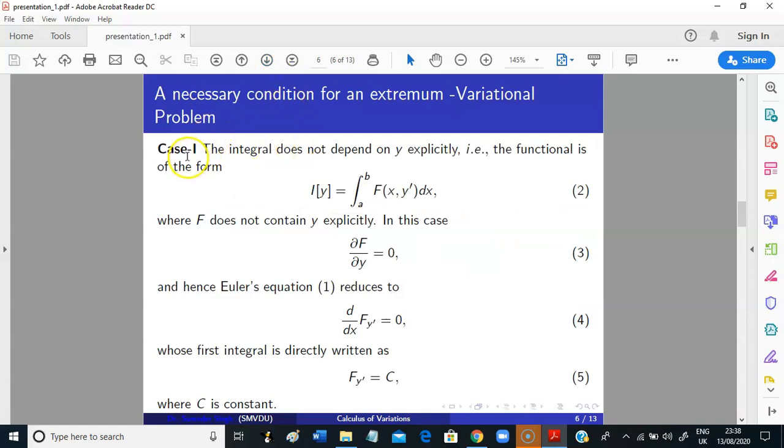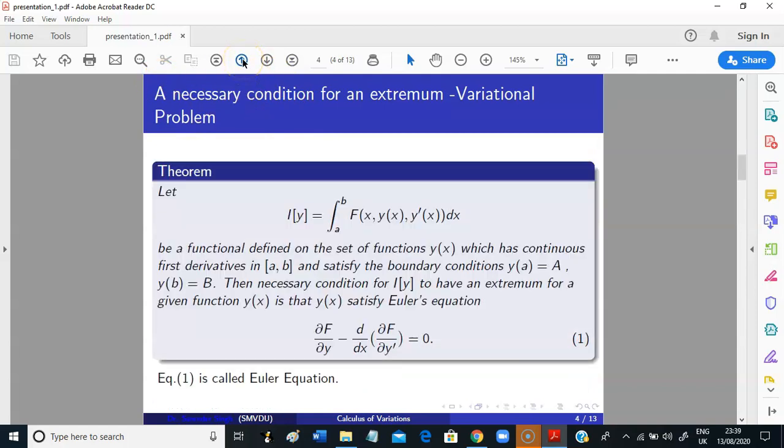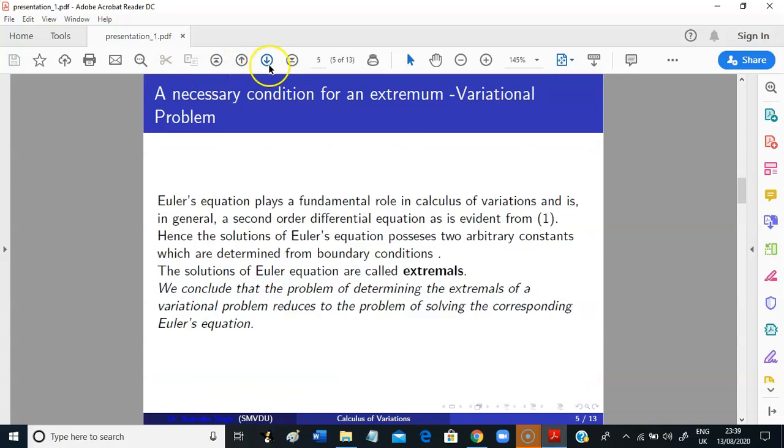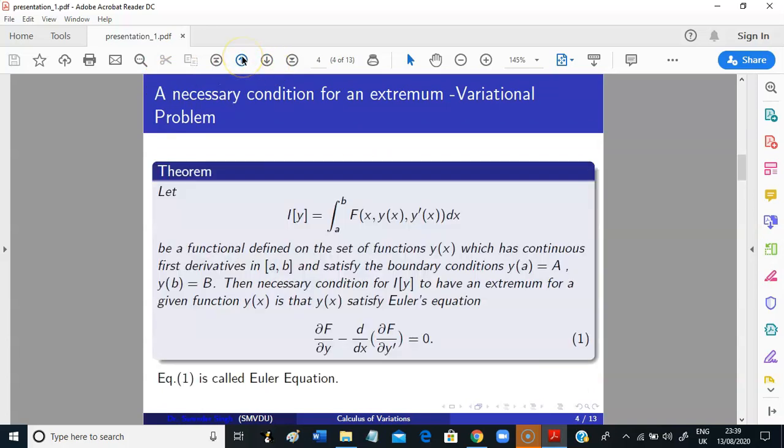You see, that was the Euler equation, and in the Euler equation the functional was like this. Here x is appearing explicitly, y is appearing explicitly, and y dash is also appearing explicitly.